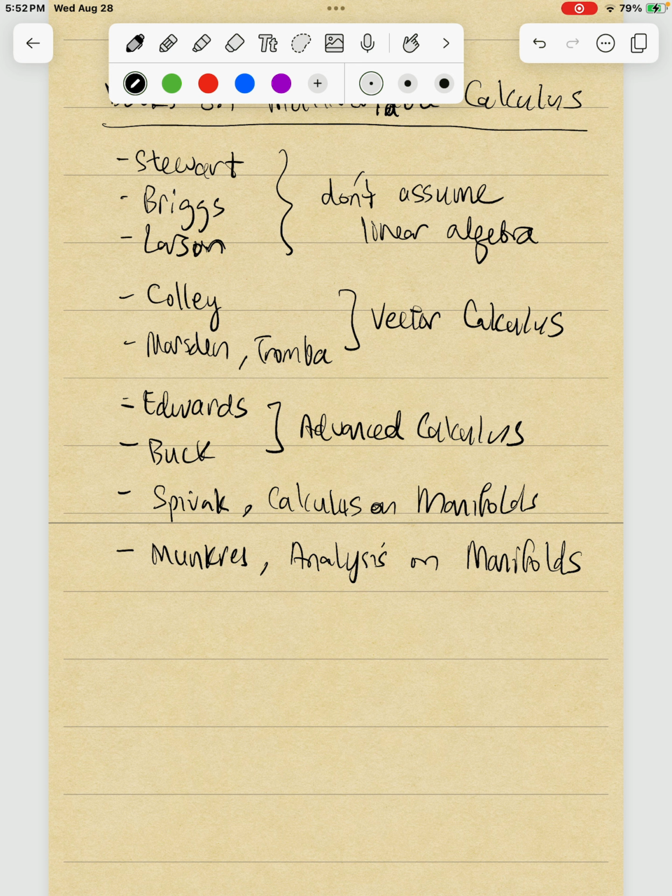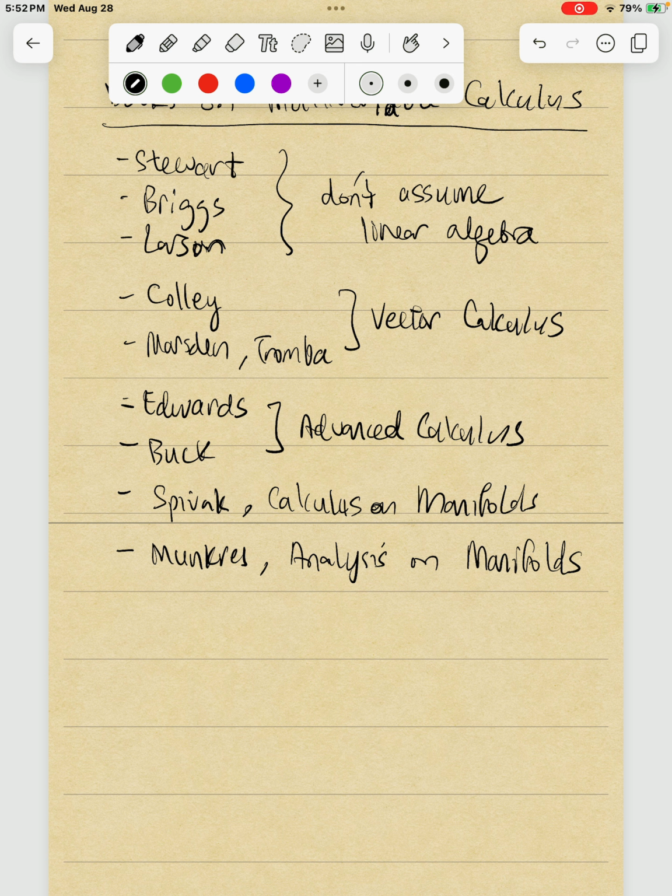They all have their purpose, and my favorite of all of these is probably the book by Buck and the book by Munkres. The book by Edwards is pretty good, but there are some things about it that I don't like. And I don't really like the book by Colley because I think it's confusing. And I think Marsden and Tromba, compared to Colley, is just a better book.